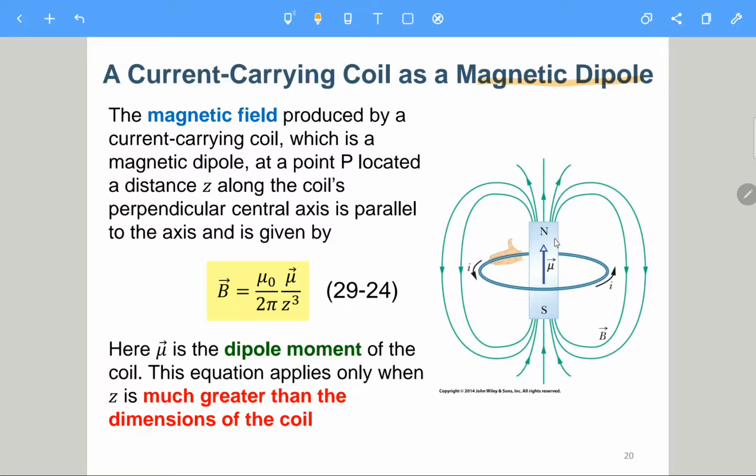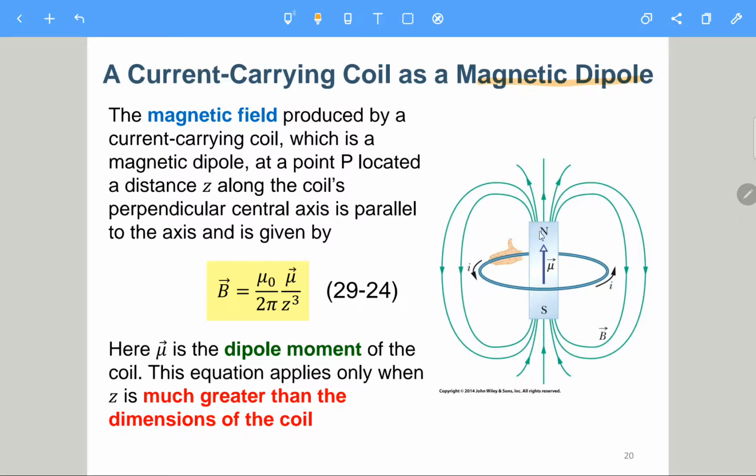If you remove this magnetic bar and replace it with a wire with current going counterclockwise, then it will generate exactly the same magnetic field lines, which means this magnetic bar and this current carrying loop are equivalent in terms of the magnetic field.